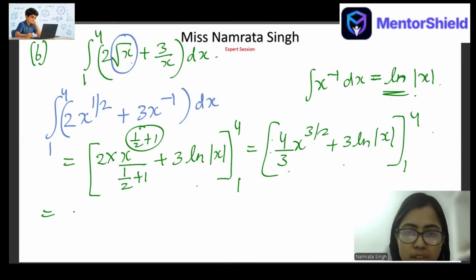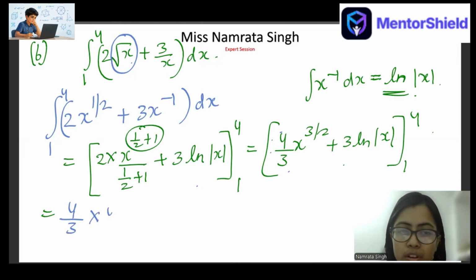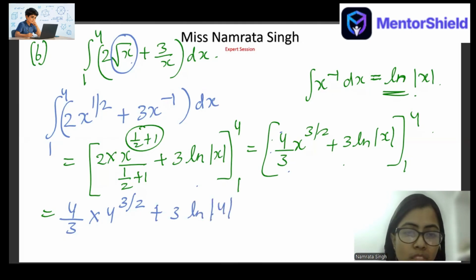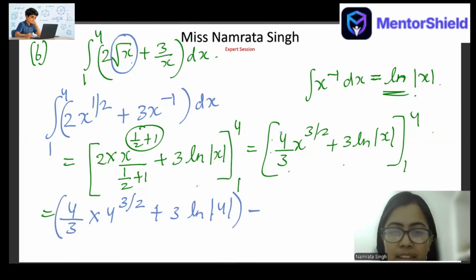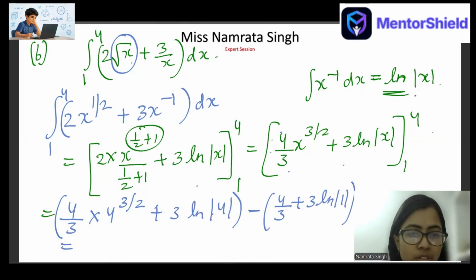If we substitute the value of upper limit, 4 by 3 times 4 raised to 3 by 2 plus 3 ln, or you can say the natural logarithm of 4. Now we have to put bracket here, minus 4 by 3 plus 3 natural logarithm of 1, which is equal to 4 by 3 times 4 raised to 3 by 2.